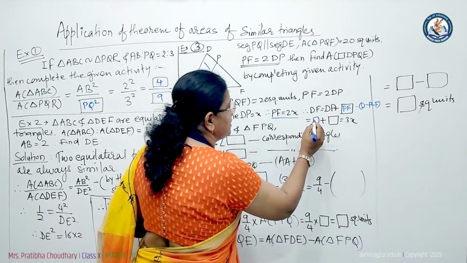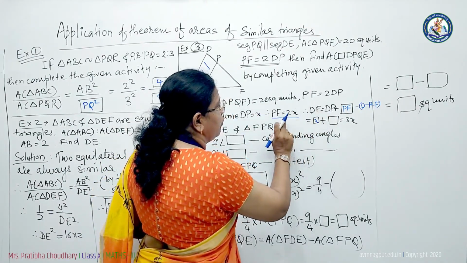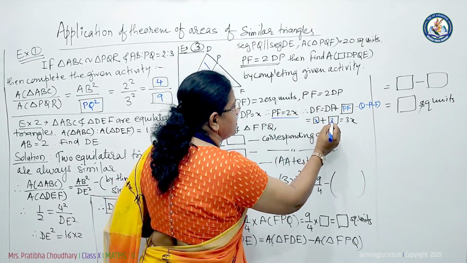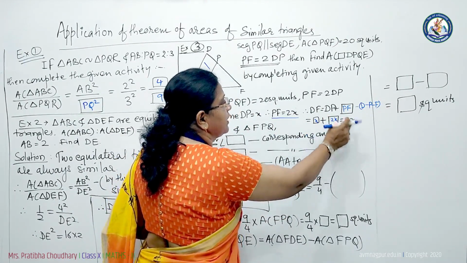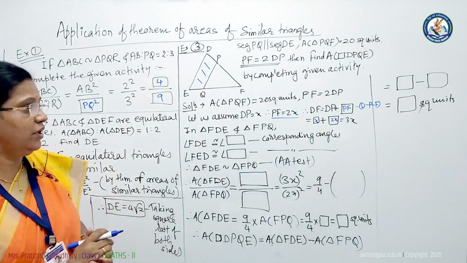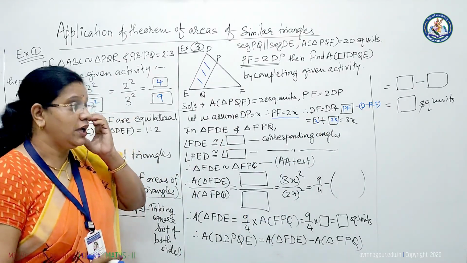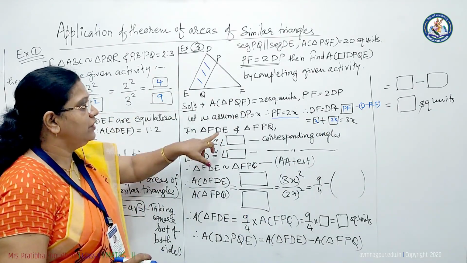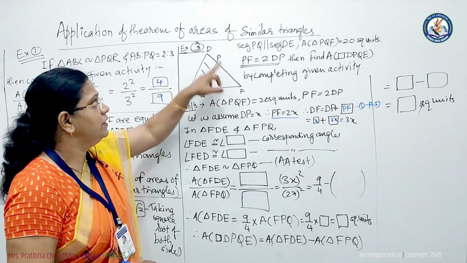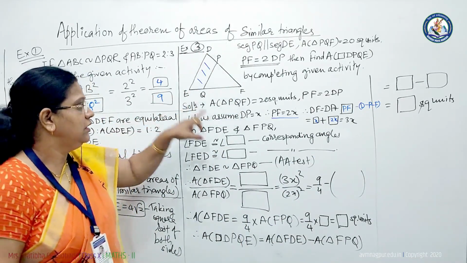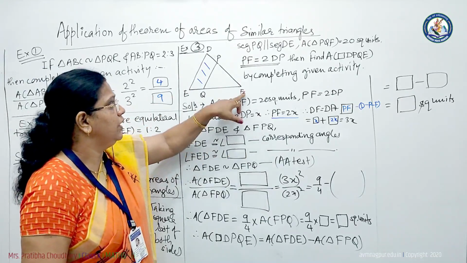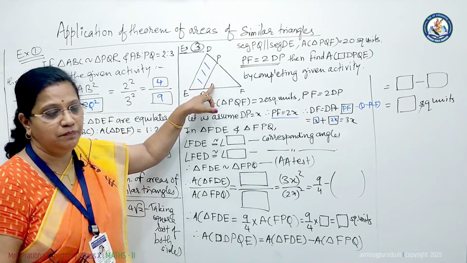DP is x, and what is PF? It is 2x. So x plus 2x makes 3x. Now let's come to the triangles. In triangle FDE, the bigger one, and FPQ, the smaller one.